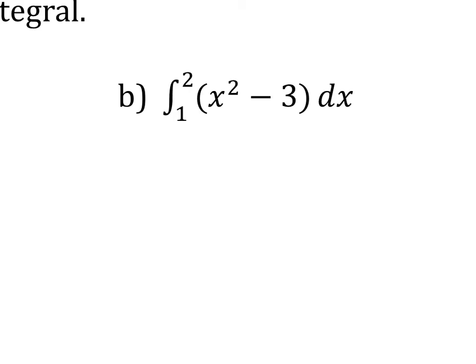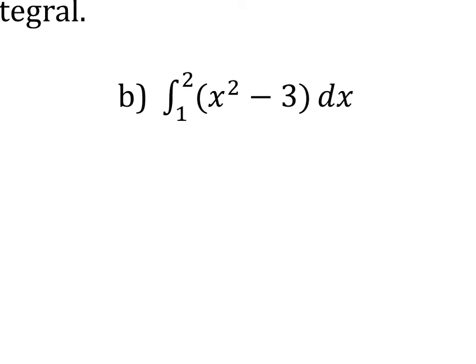Okay, so again, we're applying FTC part 1. So you're going to find the antiderivative, the indefinite one, and then you're going to evaluate it from 1 to 2. Do you need me to show you, or you guys can do it? You can do it? Okay. Let's make sure that we're all on the same track.